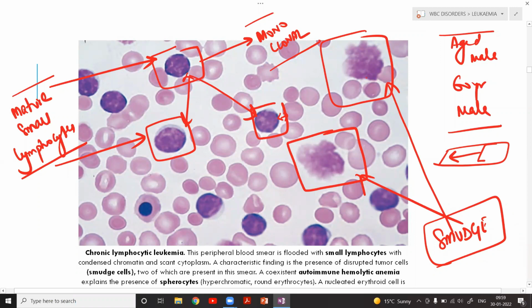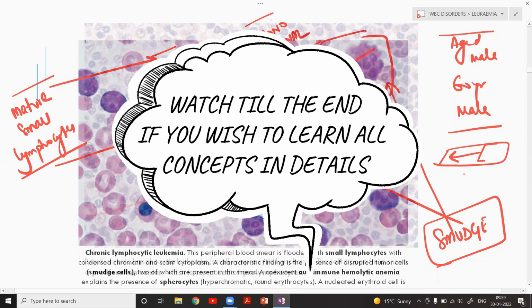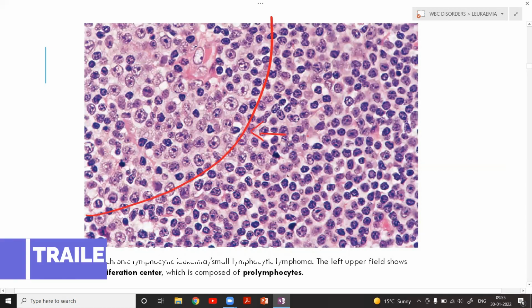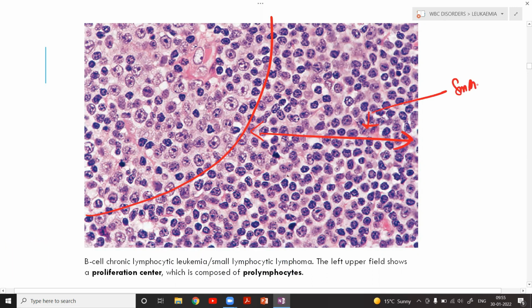As a result, because it is crushing the lymphocytes, they appear as smudged cells, also called basket cells. Is it clear to everyone? And this is the part which has the small mature lymphocytes.